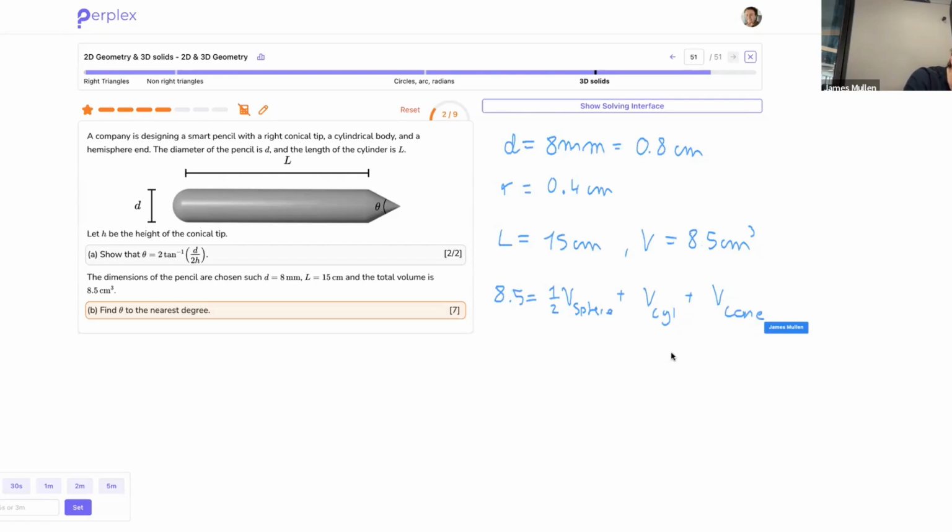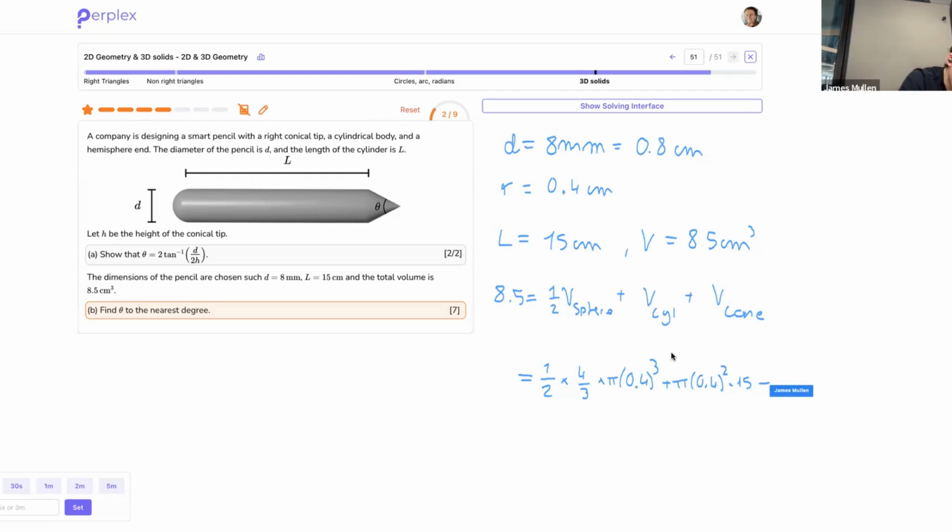So let's break it down piece by piece, because we know the equations for the volumes of each of these. I have a sphere with radius r equals 0.4, and therefore its volume is 4 over 3 pi r cubed. Let's not forget that I have a half in front. I have half the sphere volume, which is 4 over 3 times pi times 0.4 to the power 3, plus the volume of the cylinder, which is pi r squared times the length, so pi times 0.4 squared times 15.